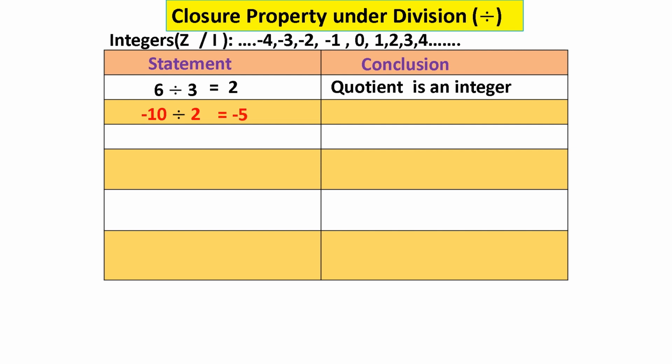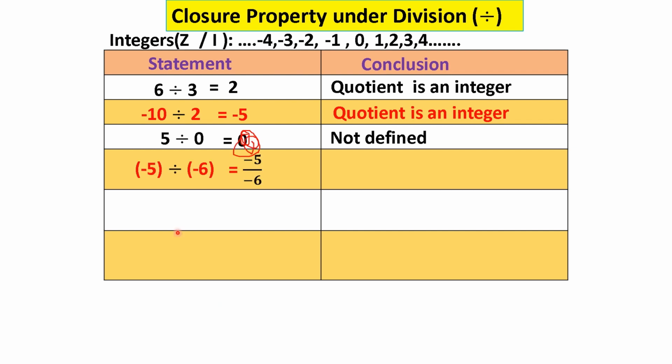It is also an integer. But here 5 divided by 0: 5 is an integer, 0 is an integer, but 5 divided by 0 is not defined.